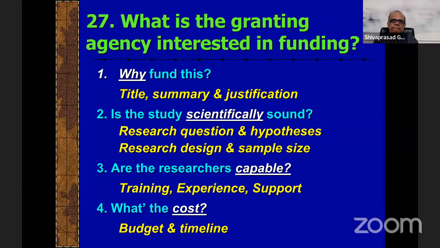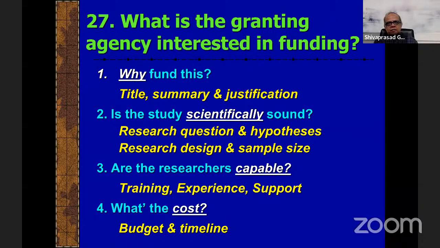So when the funding agency or the reviewers representing the funding agency look at your proposal, they're basically trying to answer 4 questions. Why should they fund this study? And that will be answered by the title, summary, and justification of your grant proposal.